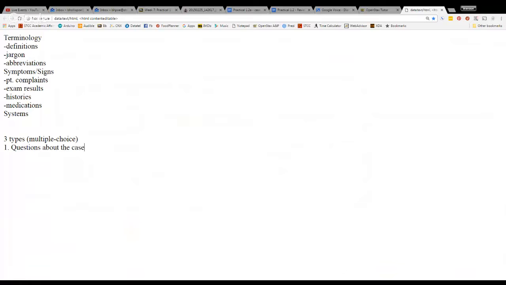If somebody's coughing, I might ask what type of cell produces the fluid that's being coughed up. That would mean that you understand that in the respiratory system, mucus is made by goblet cells.